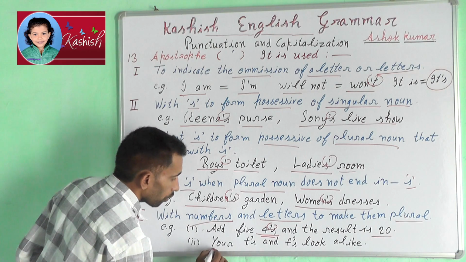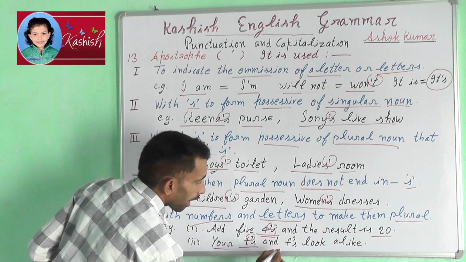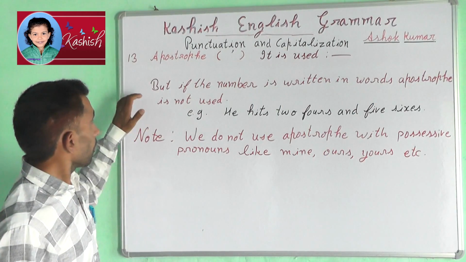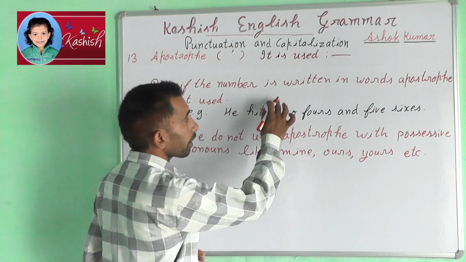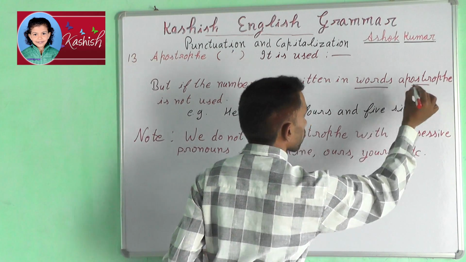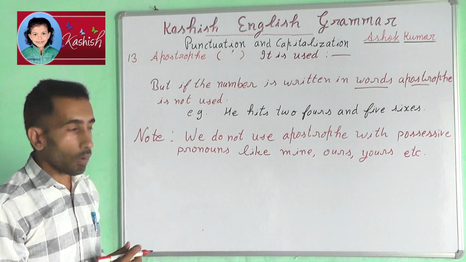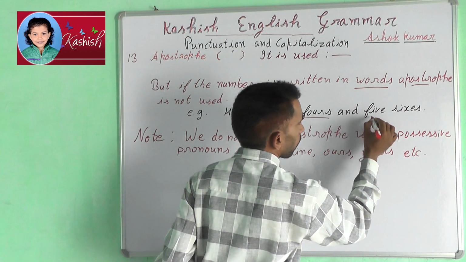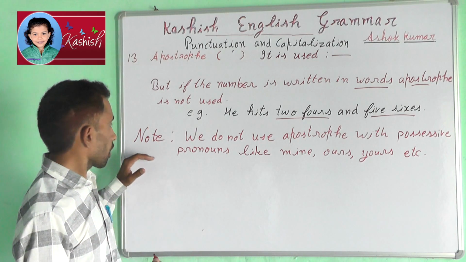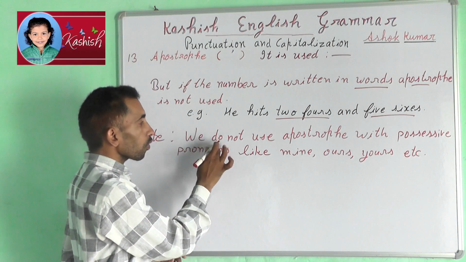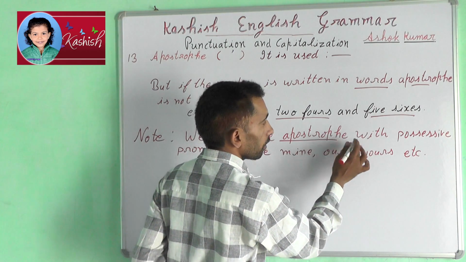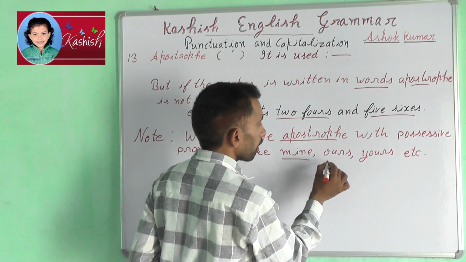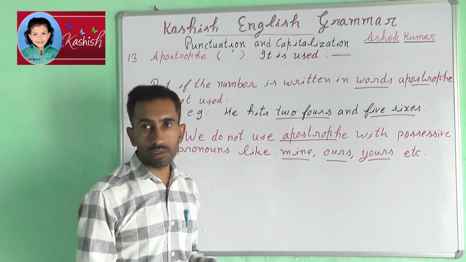Next, your T's and F's look alike. But if the number is written in words, an apostrophe is not used. For example, he hits 2 fours and 5 sixes. Note: we do not use an apostrophe with possessive pronouns like mine, ours, yours, etc.